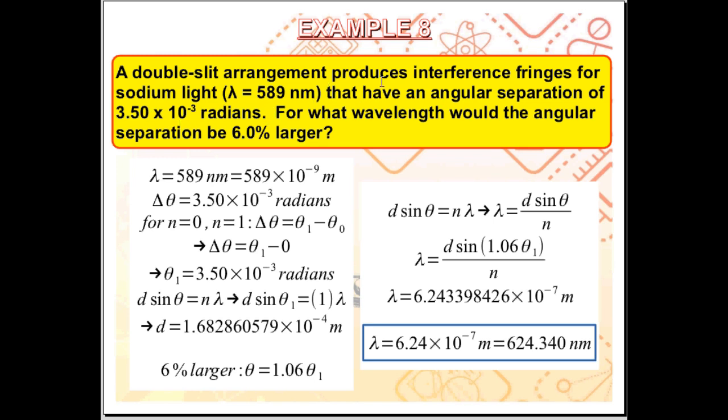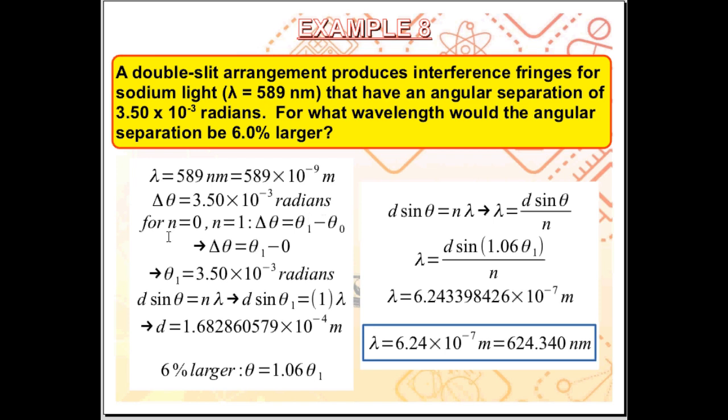If we replace the light with another light that has a wavelength that will produce an angular separation that is 6% larger, what is the wavelength of that light? So given lambda 589 nanometers, angular separation delta theta is 3.50 times 10 to the negative 3 radians.